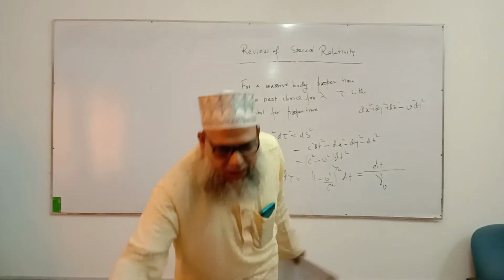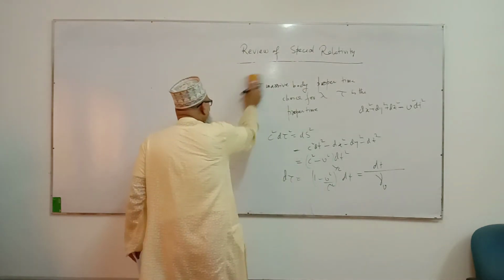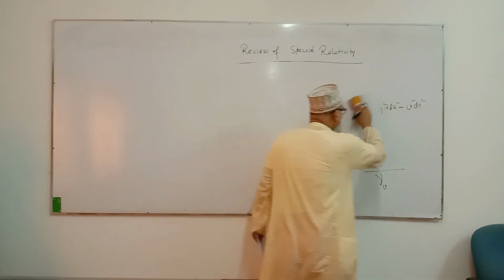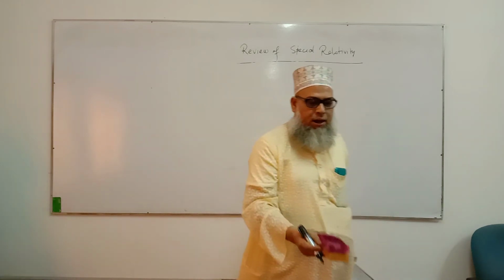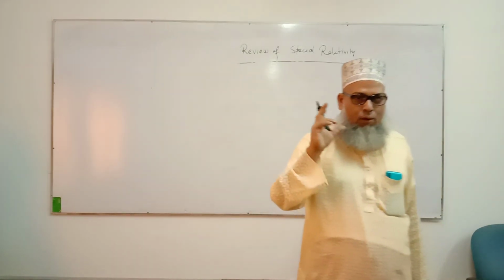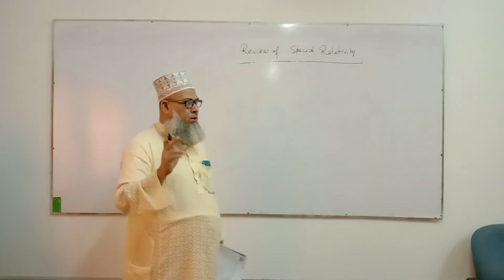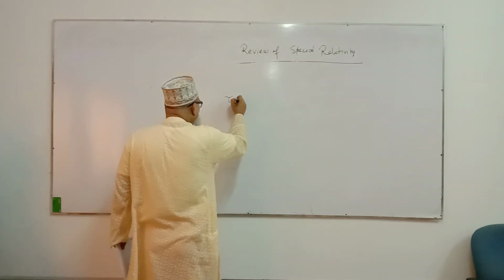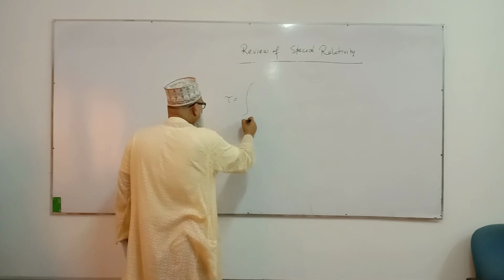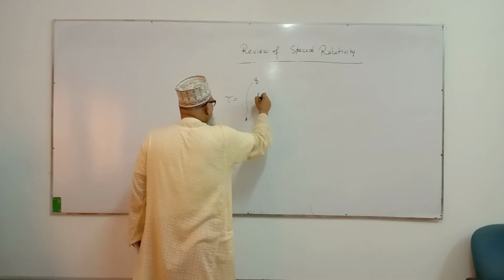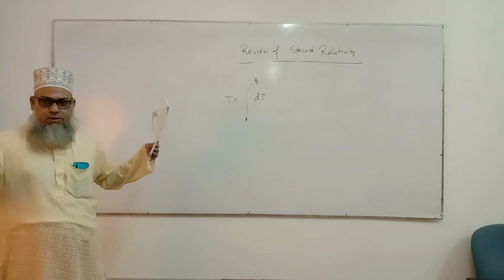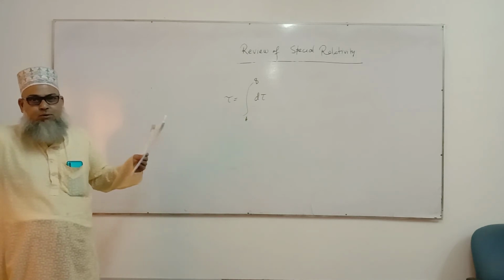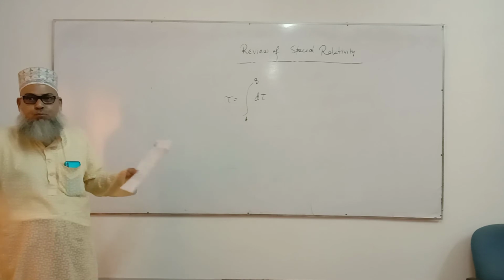Now, in a frame S, between two points A and B on the world line, what is the total proper time between these two events?